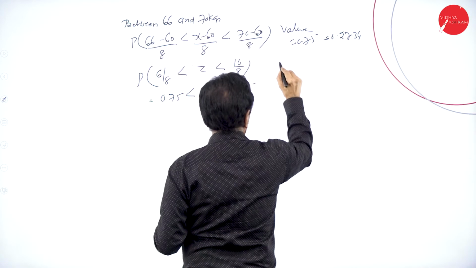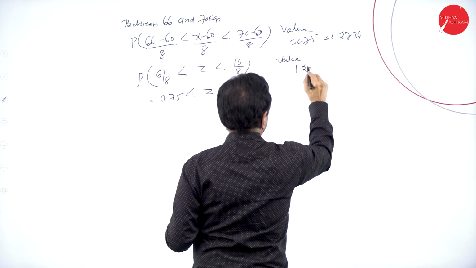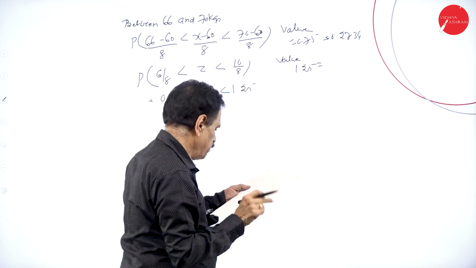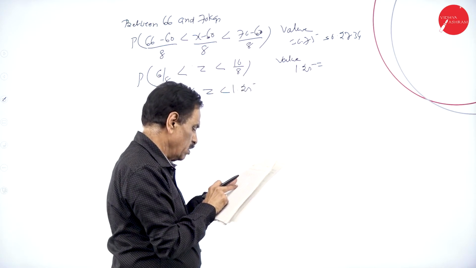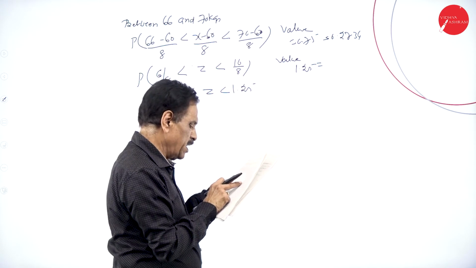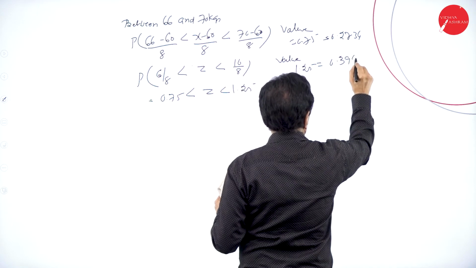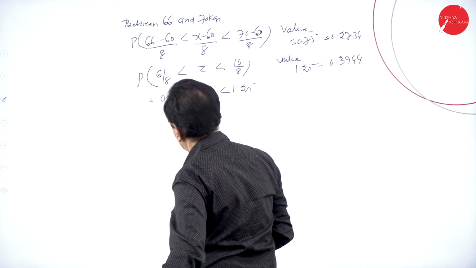Then the value for 1.25 is 0.3944. Put the values here on the graph.